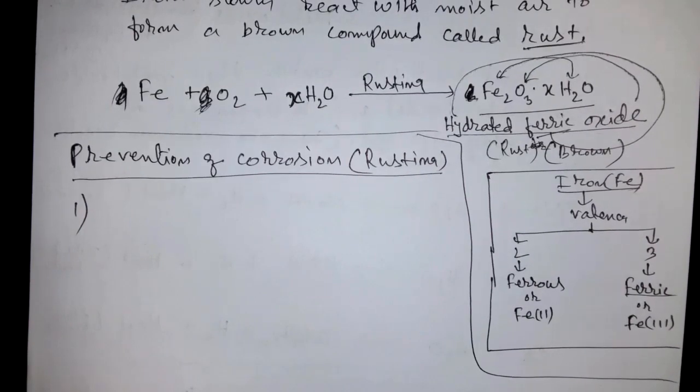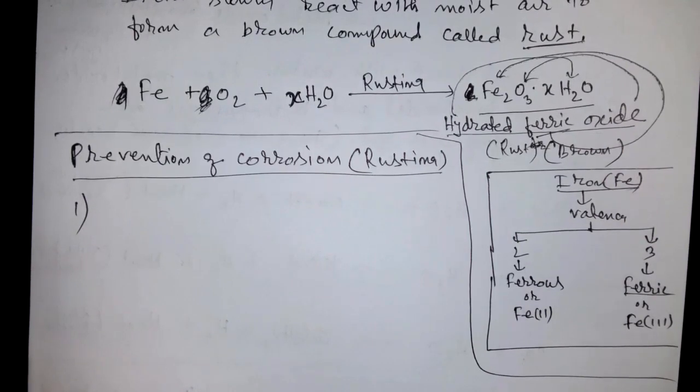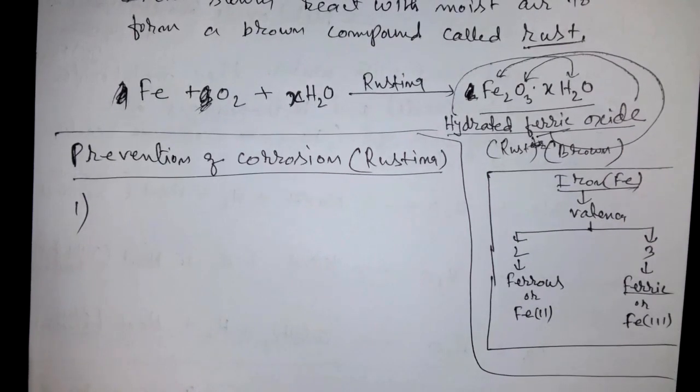So the main aim is that the metal which is undergoing corrosion, we have to protect that metal from coming in direct contact with the environment. So we have to bring some layer. Now what layer varies from process to process. Simple process, many a time we do painting of metal.